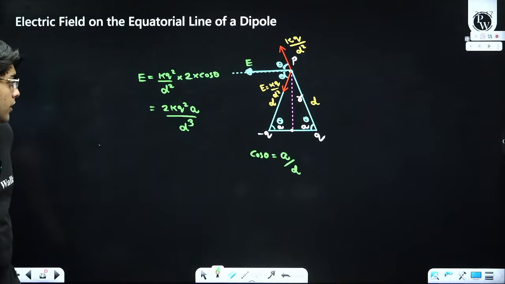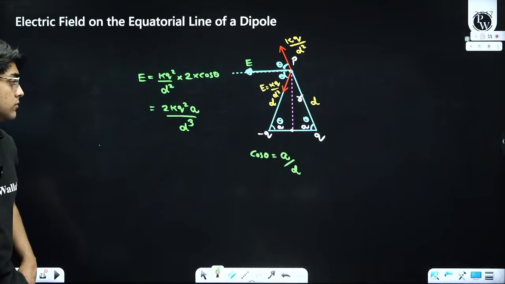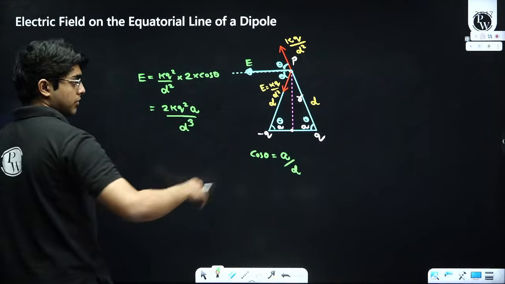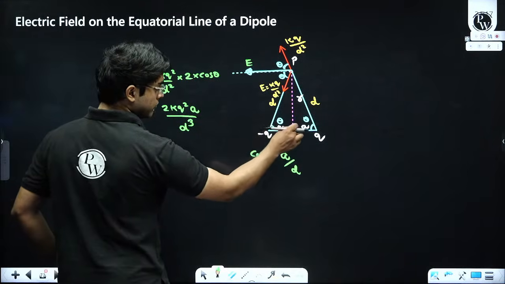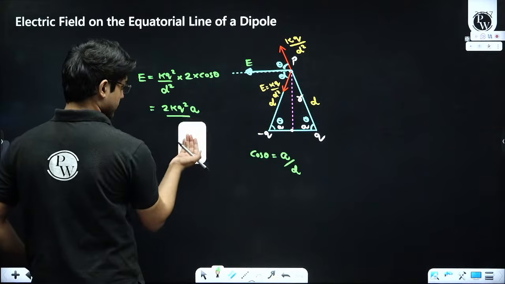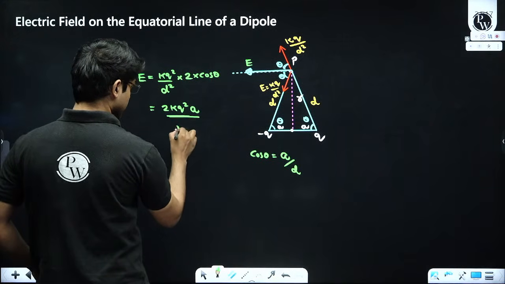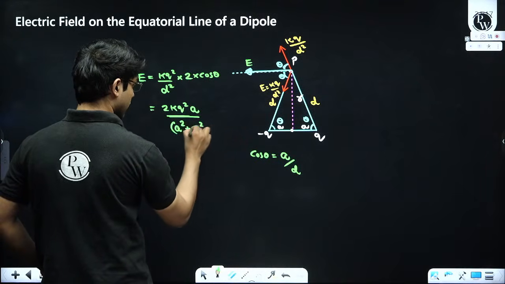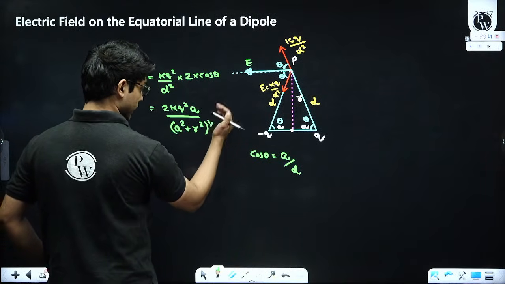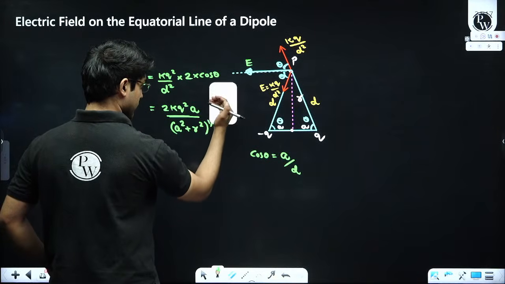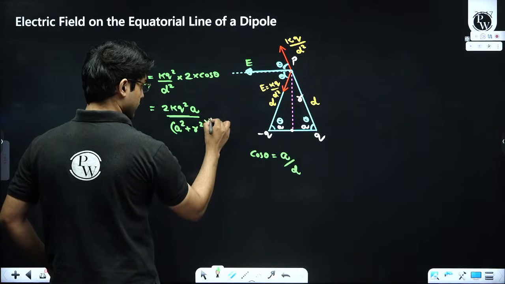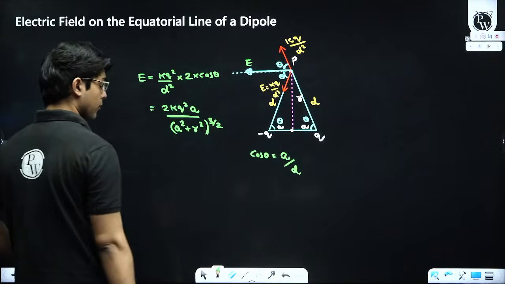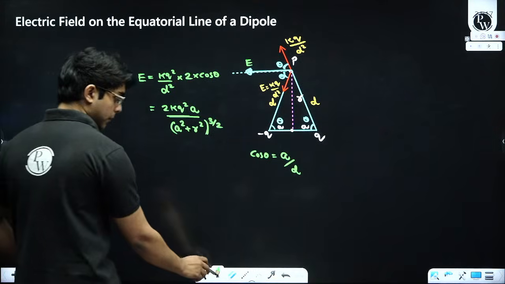Now what we can do is write this d, using Pythagoras, as a square plus r square. So the denominator will become a square plus r square under root, but there was also a cube, so it will be raised to power 3 by 2. This is the denominator.